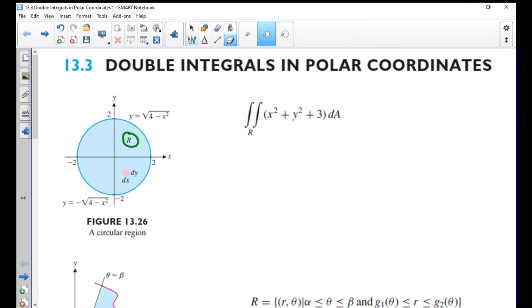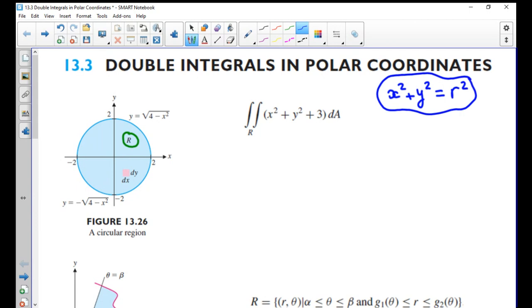So we do that kind of work with x and y. Here, not possible to work with x and y, so we are going to work with r and theta, polar coordinates. Now, to do that, we need to understand certain things. In polar coordinates, x squared plus y squared can always be replaced with r squared. Very important.